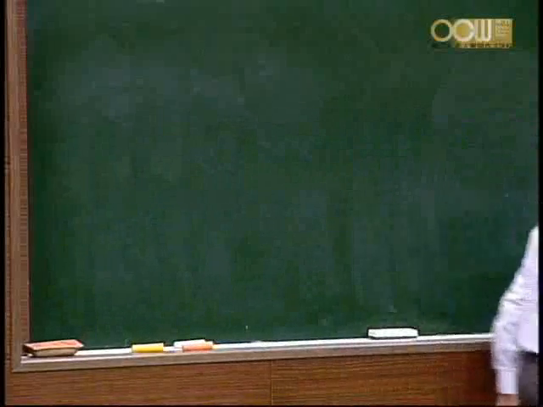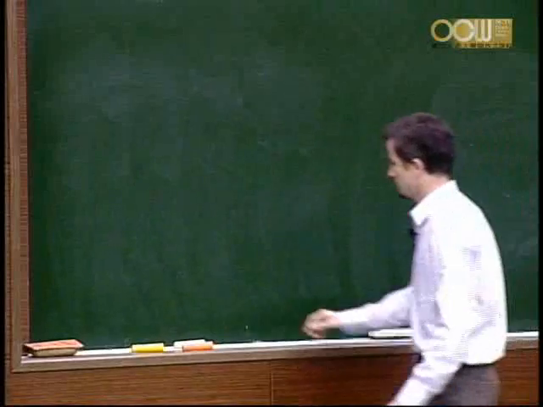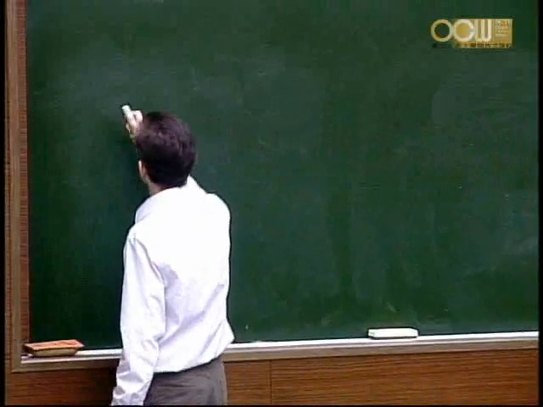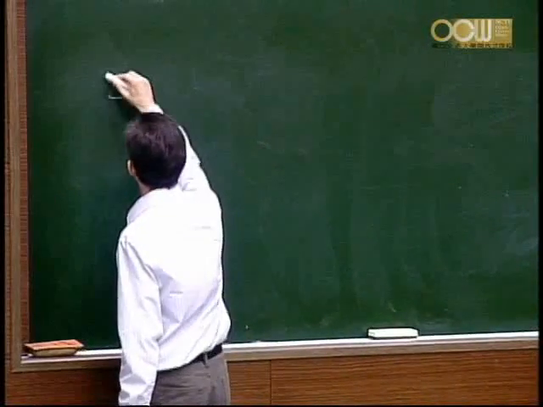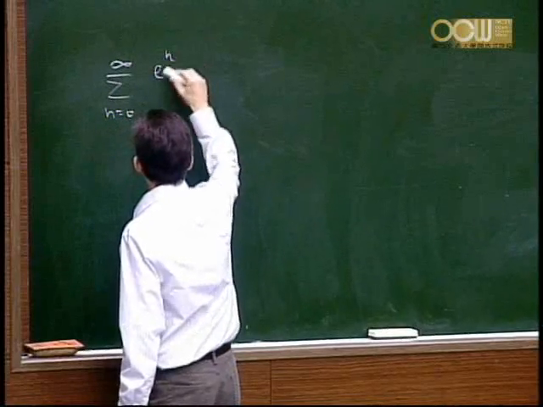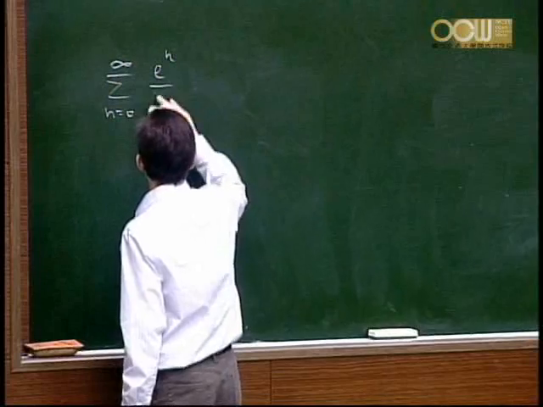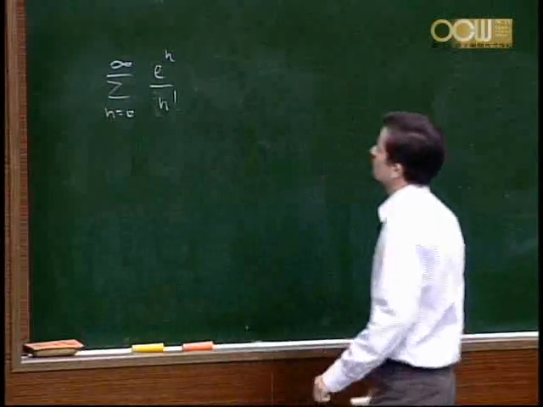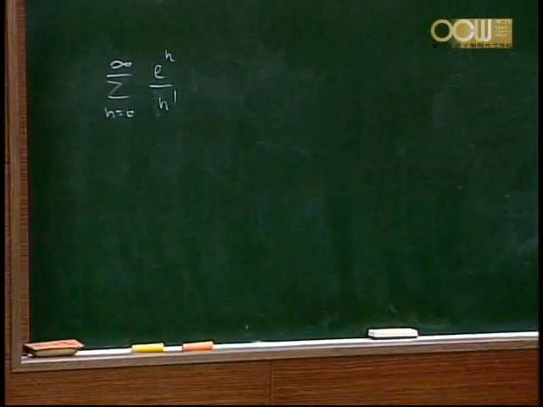But the test will also work for general series. Now, I showed you previously the following example: the sum of e to the n over n factorial. We know already that this series is convergent.